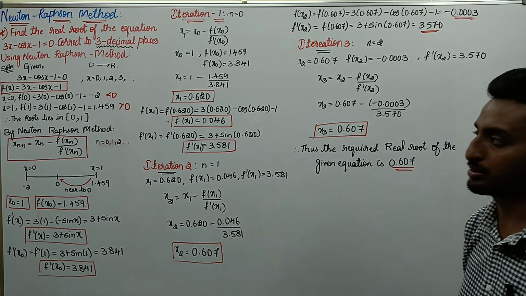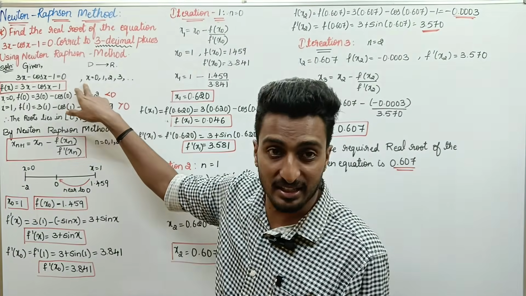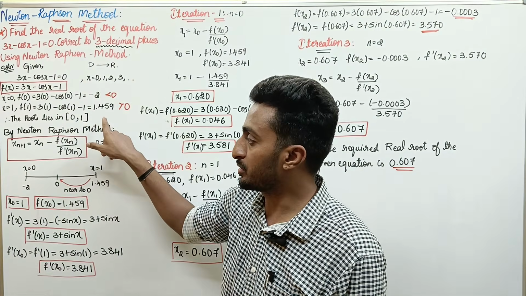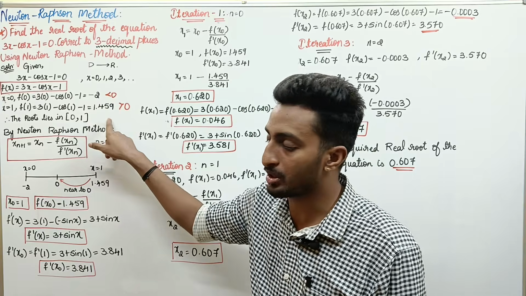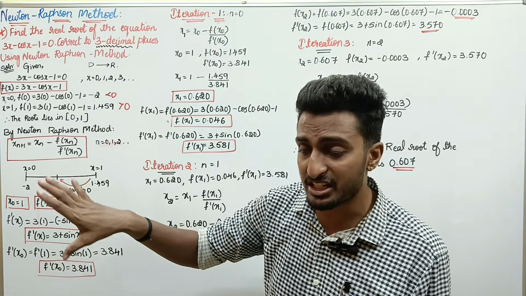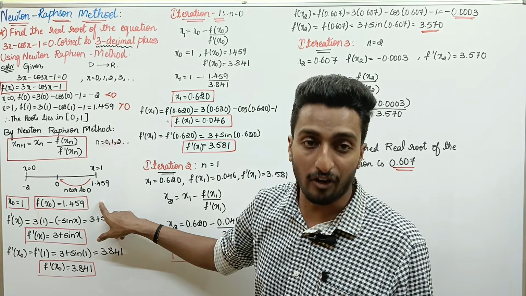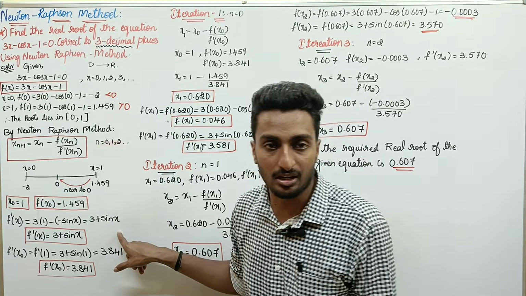First, you are supposed to represent the function f of x. After representing the function f of x, substitute values to get the interval containing the real root, 0 and 1, and consider the nearest as the initial value, that is x naught. Then consider f of x naught and find f dash of x.